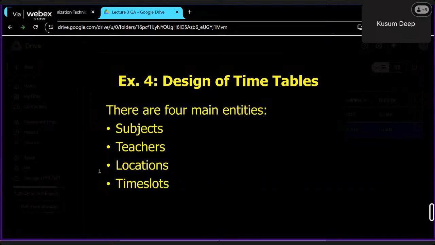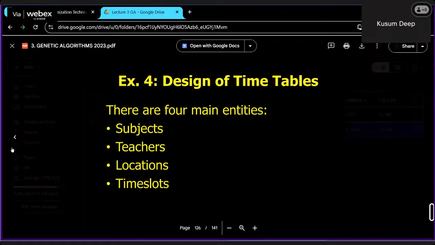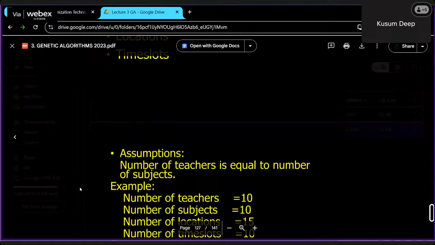We want to design the timetable in such a way that all the subjects are taught by some teachers, and their location and time slot are determined. This is a problem which occurs in most colleges and schools. I'm going to consider a simple case, but the generalized version can also be designed.